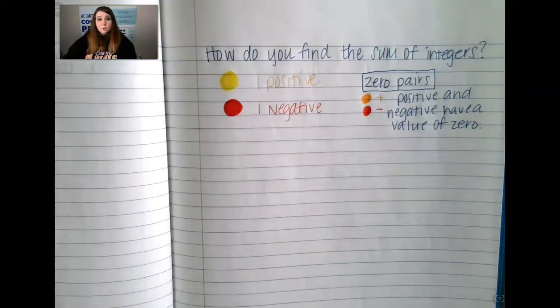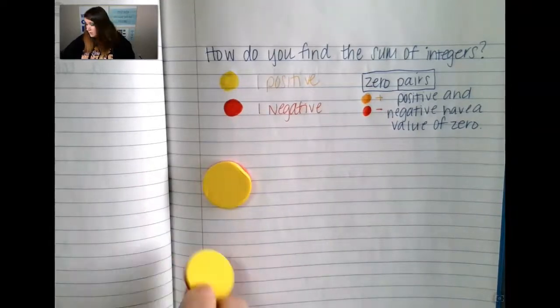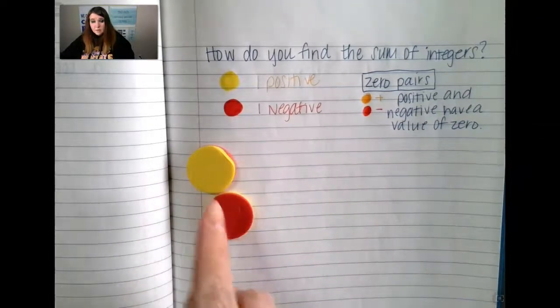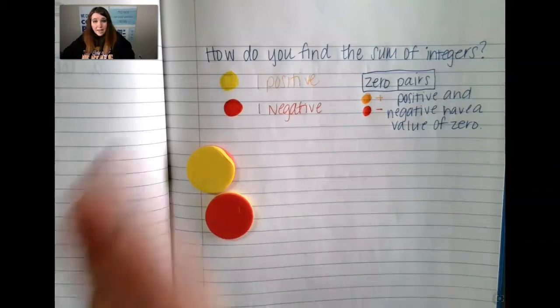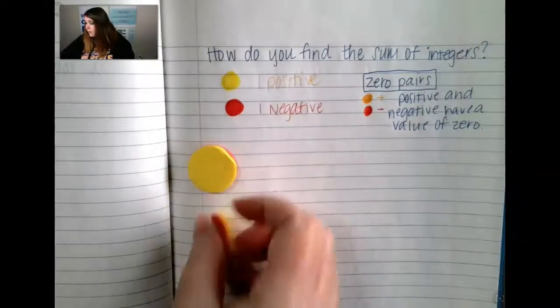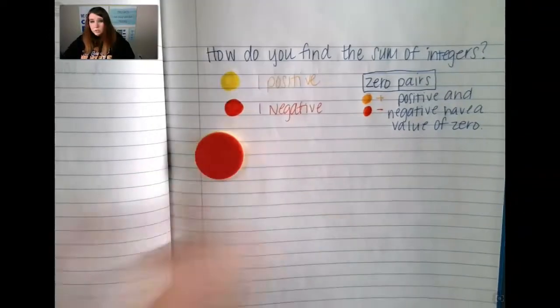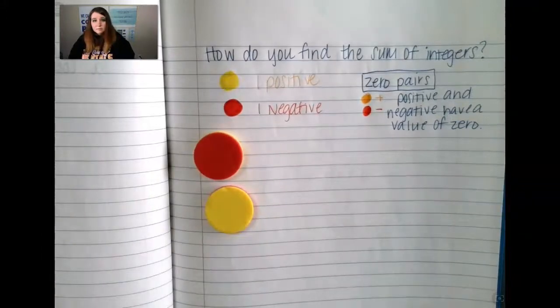So if I were to put 1 and then put a negative 1, I get 0. I have $1, I spend $1, I have 0. I owe you $1 and I pay you $1.